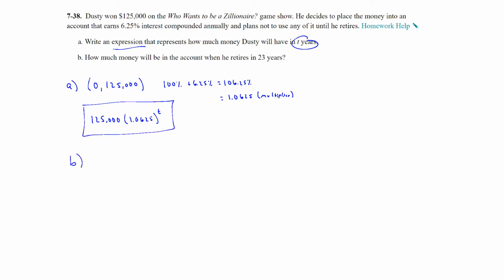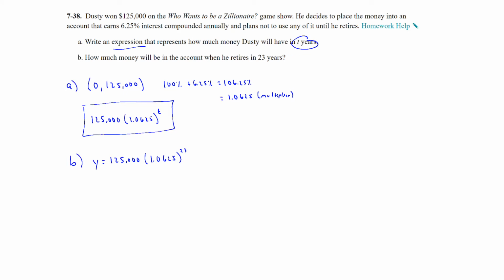Part B, how much money will be in the account when he retires in 23 years? So now we'll write it as an equation. y is equal to 125,000 times 1.0625, and then raised to the 23 because of the number of years.